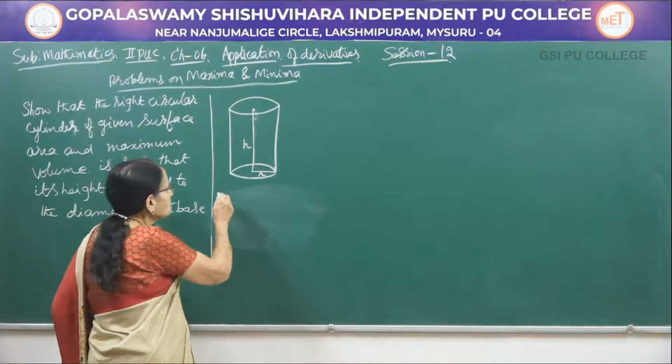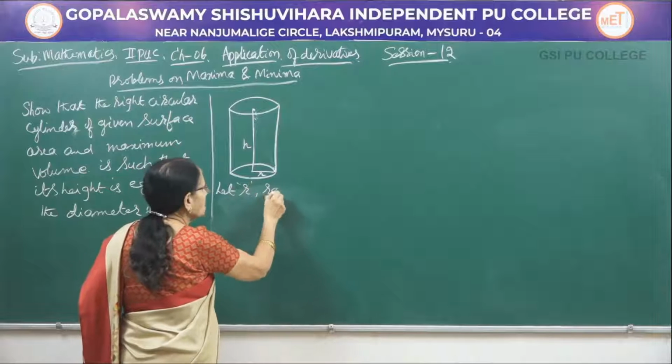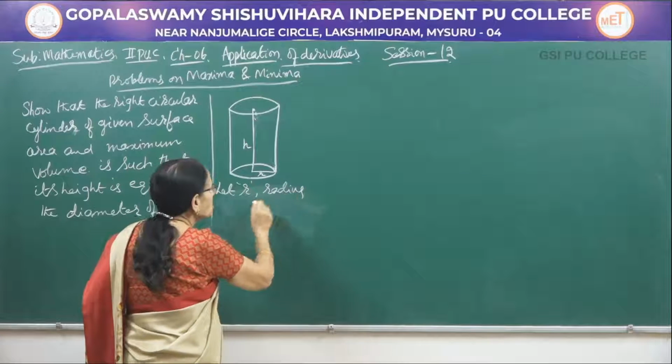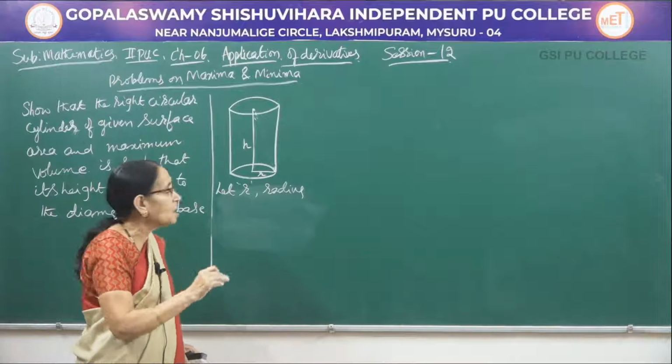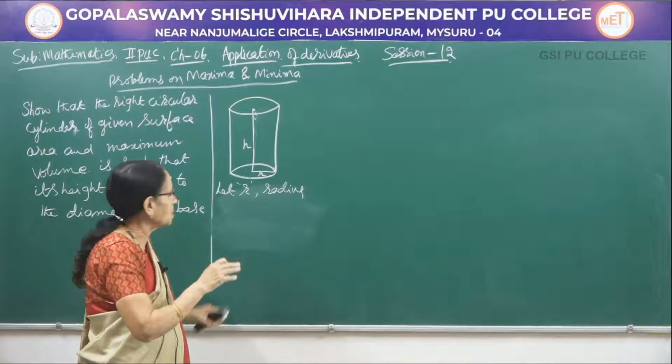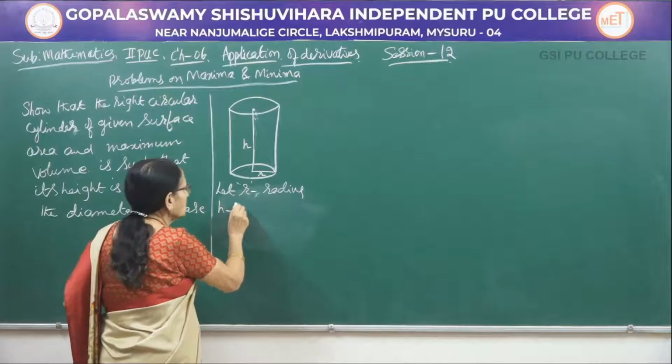Now let me make the notations here. Let r be the radius. This is how you have to write whatever notation. Though these are all standard notations, it is better that you mention them in the statement here.